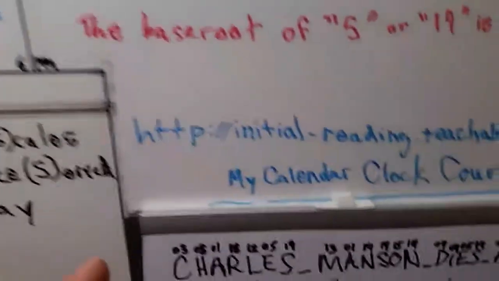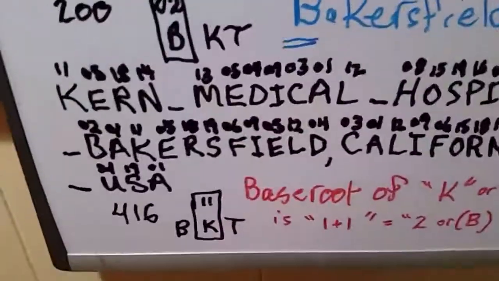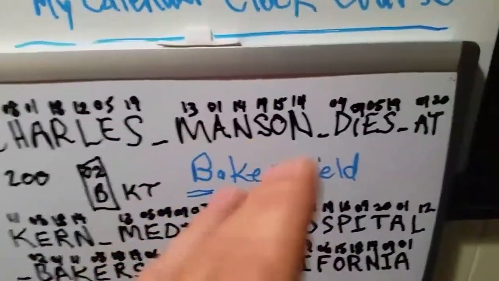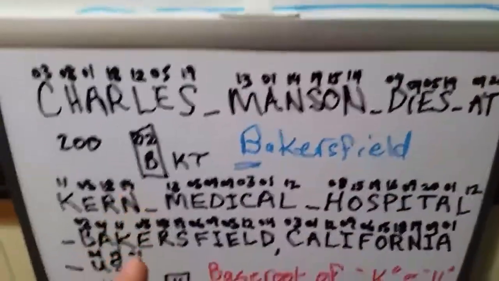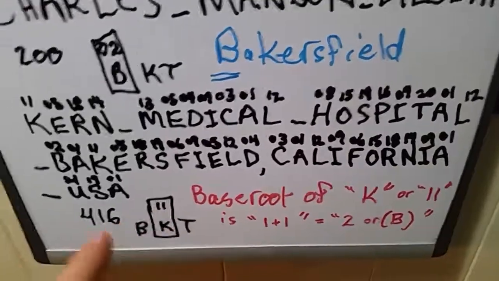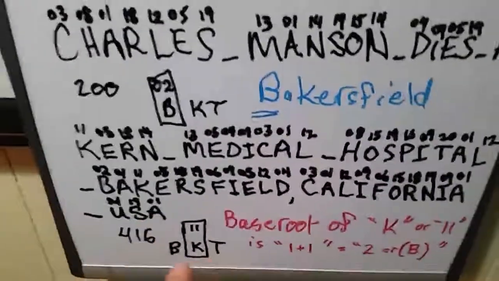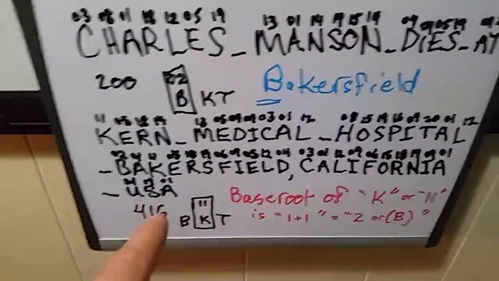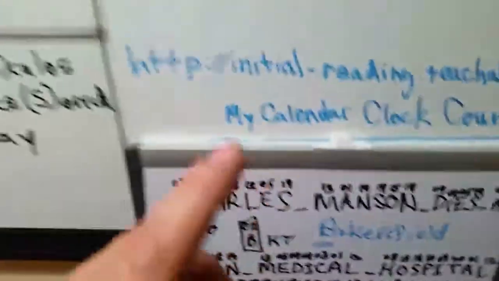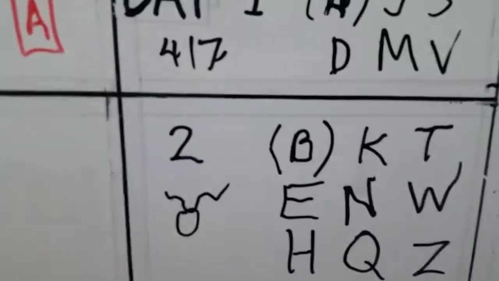Now, I'm going to finish this sentence. Charles Manson dies at, which is a B, Kern Medical Hospital, Bakersfield, California, USA. That's 416. 4 plus 1 plus 6 is 11. That's K, so the K is highlighted there.